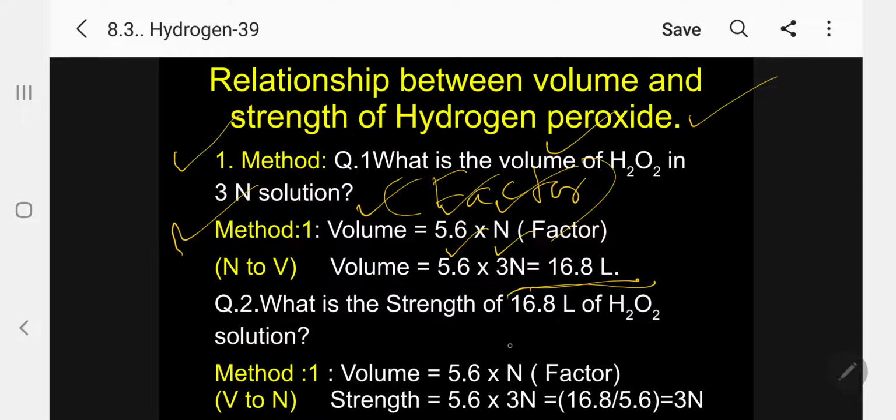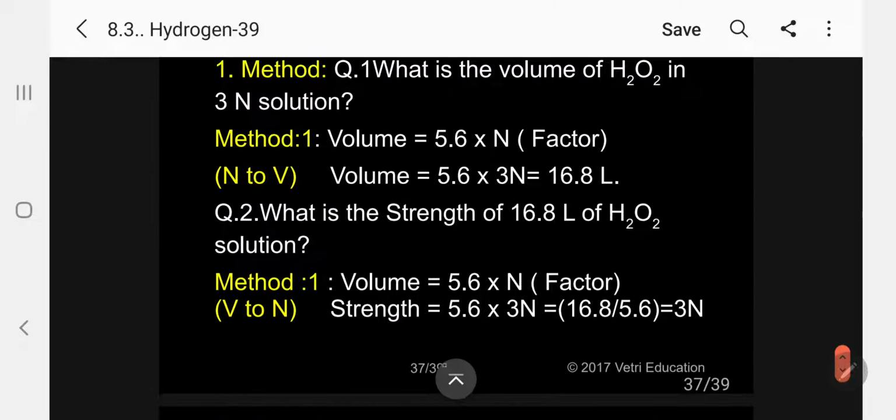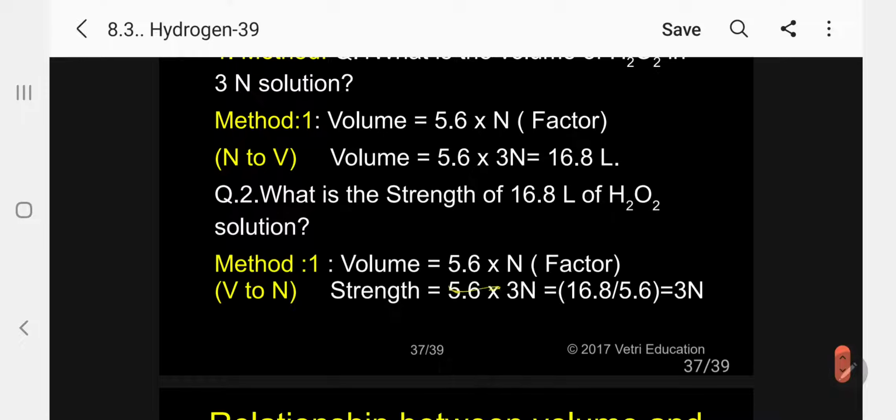Question 2. What is the strength of 16.8 volume hydrogen peroxide solution? In the same way, volume equals 5.6 into N. So I want to calculate only N, and the volume I know, 16.8. Strength means normality. Kindly follow. So the strength, N, equals volume divided by 5.6.